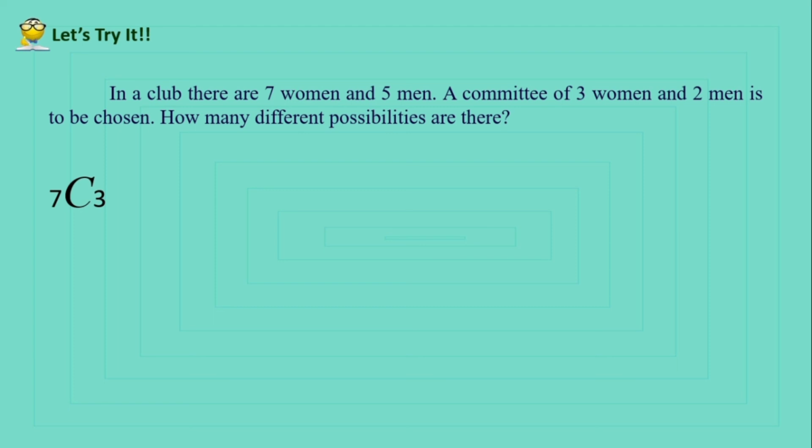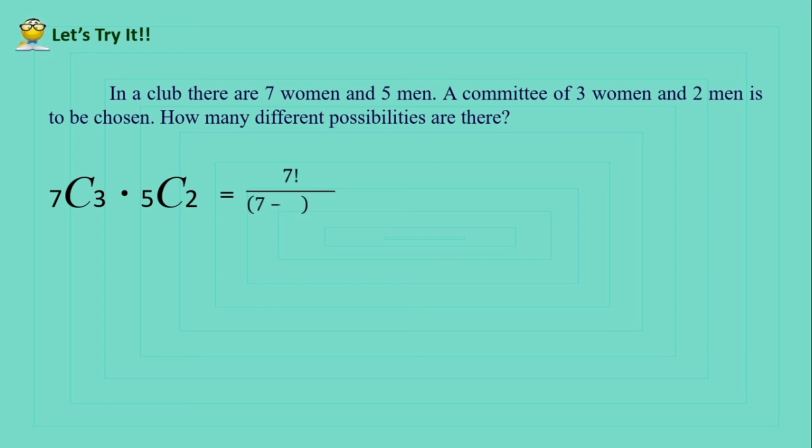Next, 2 men must be selected from 5 men, which can be done in 5 combined 2 or 10 ways. Finally, by the fundamental counting rule, the total number of different ways is 35 times 10, which is equal to 350 ways.